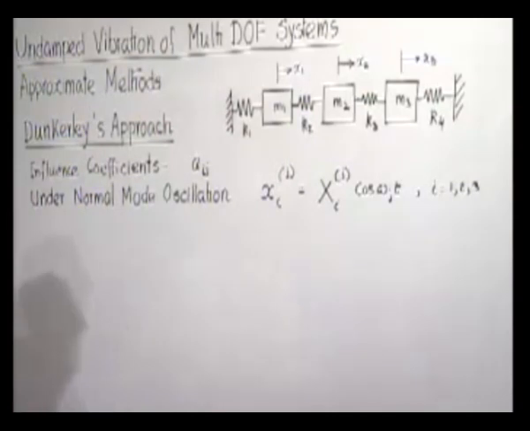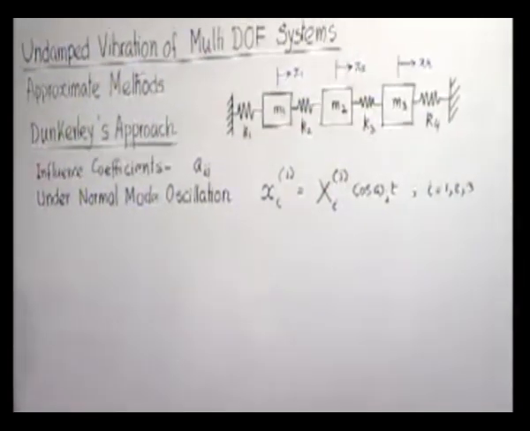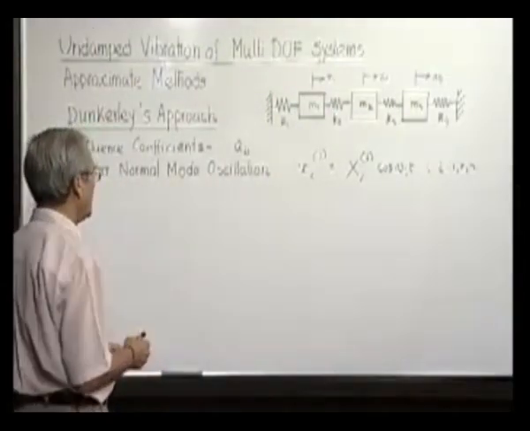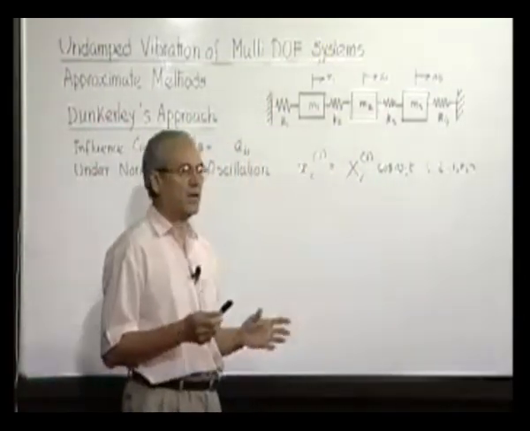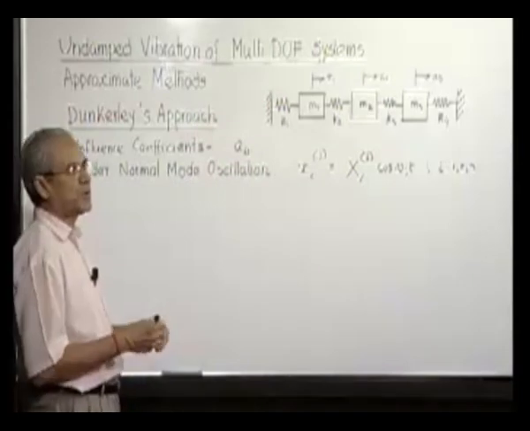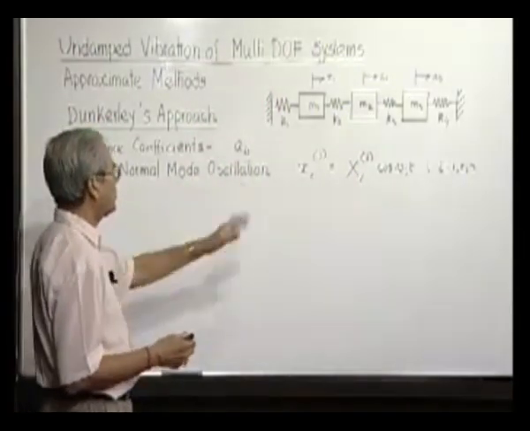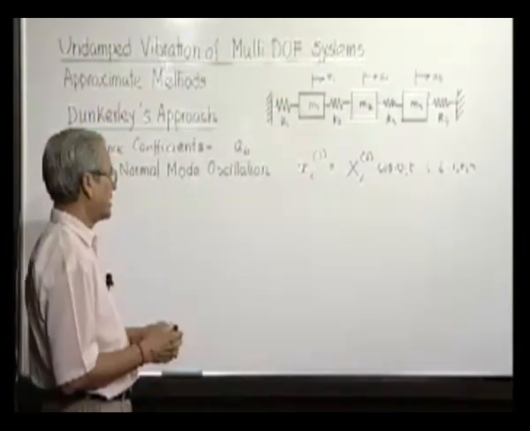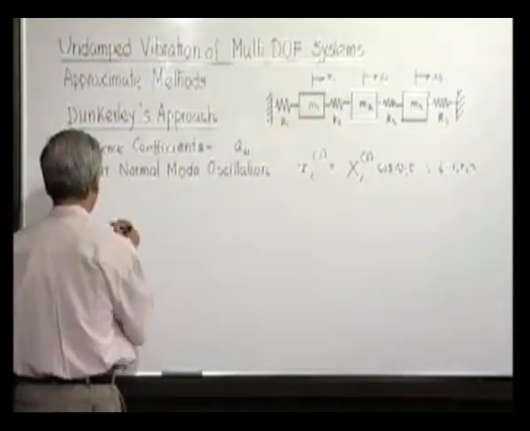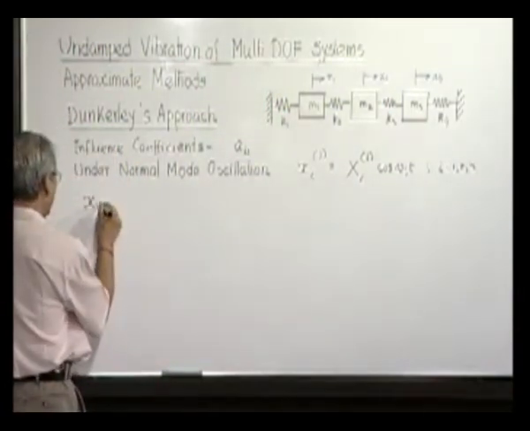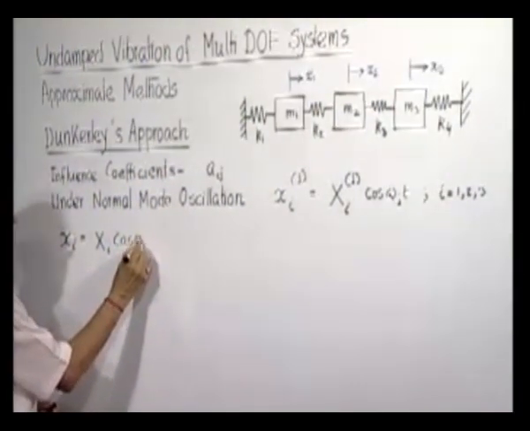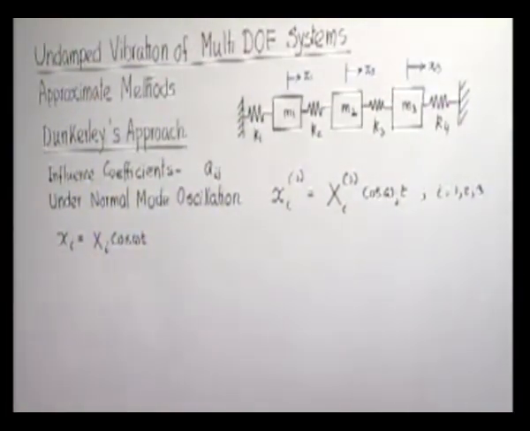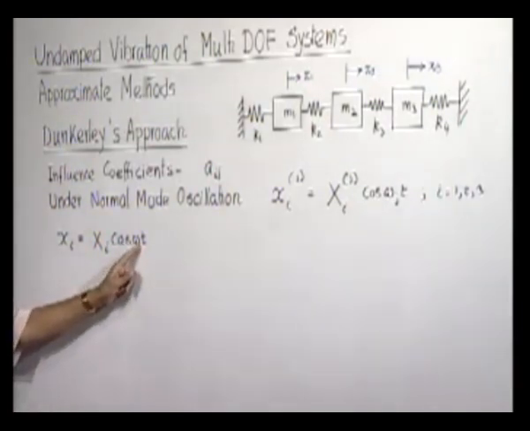In this case, we will be mostly concerned with the fundamental frequency in this approximate method. So, we may consider j to be 1, and from now onward, for the sake of simplicity, we will not put the superscript, but we will understand that what we are writing represents the first natural frequency or the first mode of oscillation. So, we can write that xi is equal to capital Xi cosine omega t. Omega obviously is then the first natural frequency, because that is our concern now.